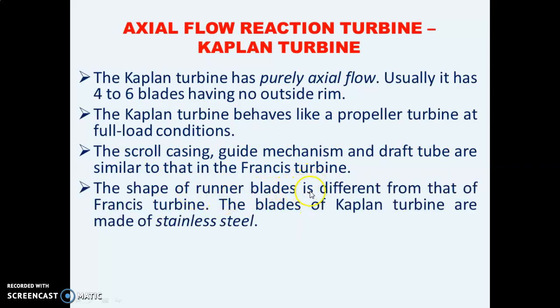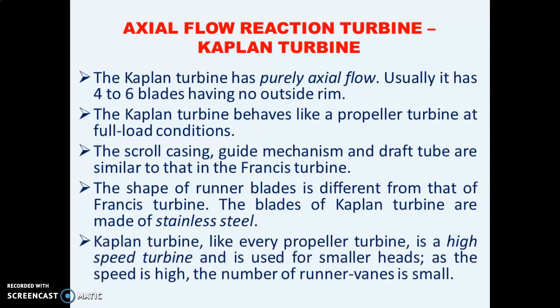The shape of runner blades is different from that of the Francis turbine, and the blades of the Kaplan turbine are made of stainless steel. Now Kaplan turbine, like every propeller turbine, is a high speed turbine and is used for smaller head.